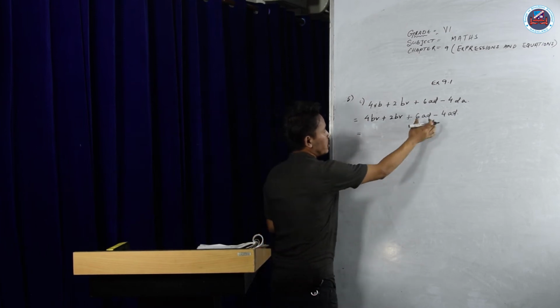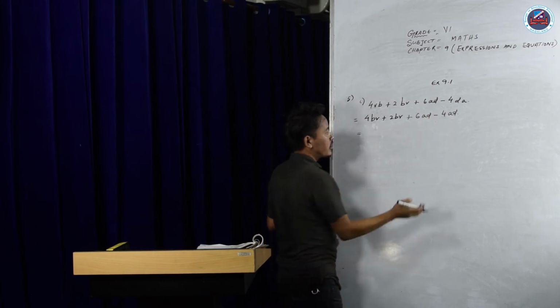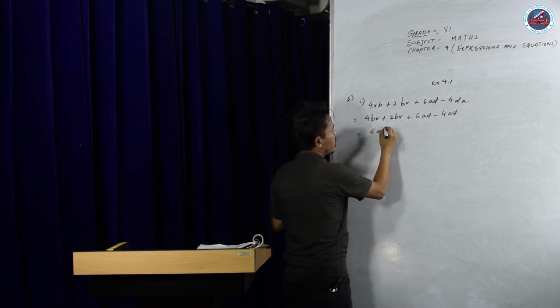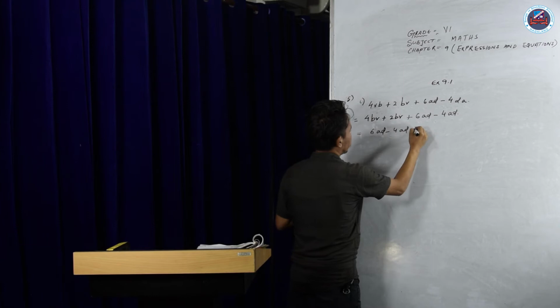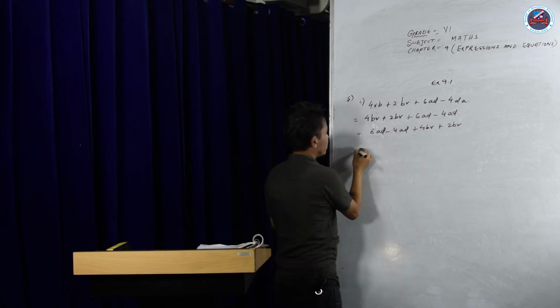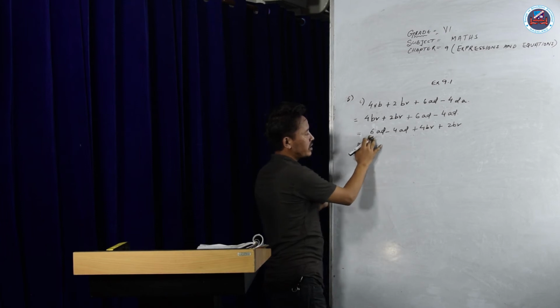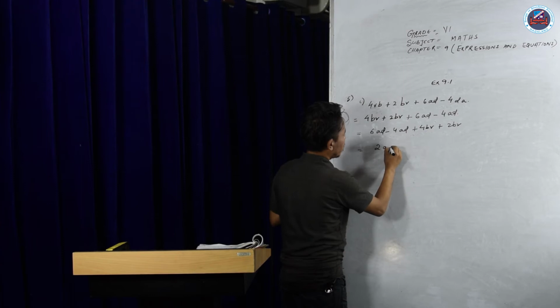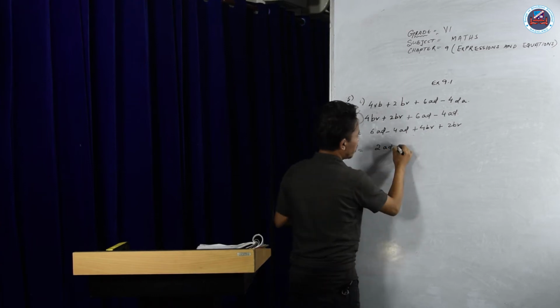First let's bring these two together because A and D come first, B and V come later. 6AD minus 4AD plus 4BV plus 2BV. So what are like terms? From 6, 4 gone, so 2 remains, 2AD. Plus 4 plus 2 gives us 6BV.